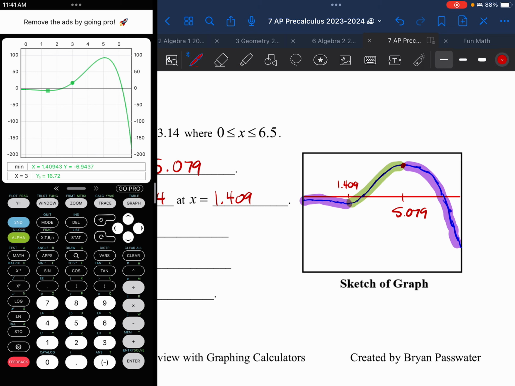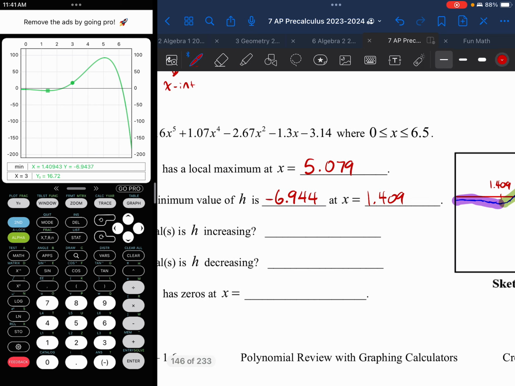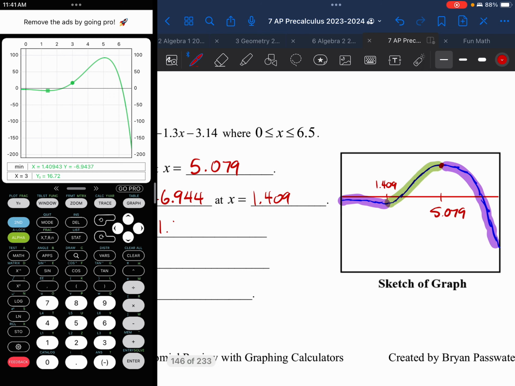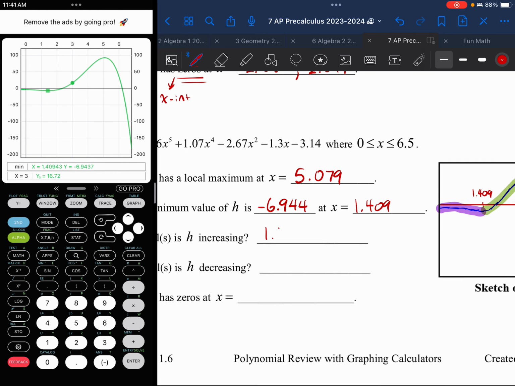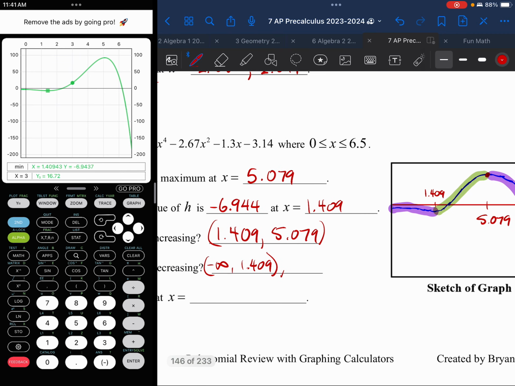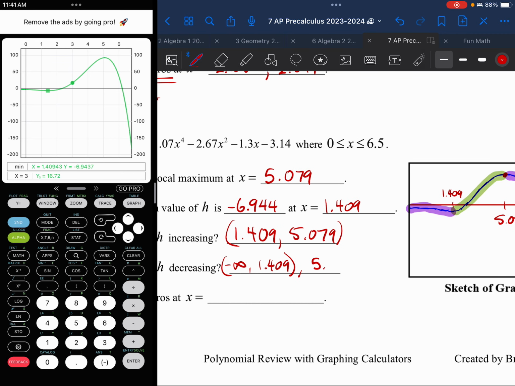That increasing interval is between 1.409 all the way to 5.079. And it's decreasing on two intervals. The first one goes from negative infinity all the way to 1.409. And the second interval is from 5.079 all the way through positive infinity.